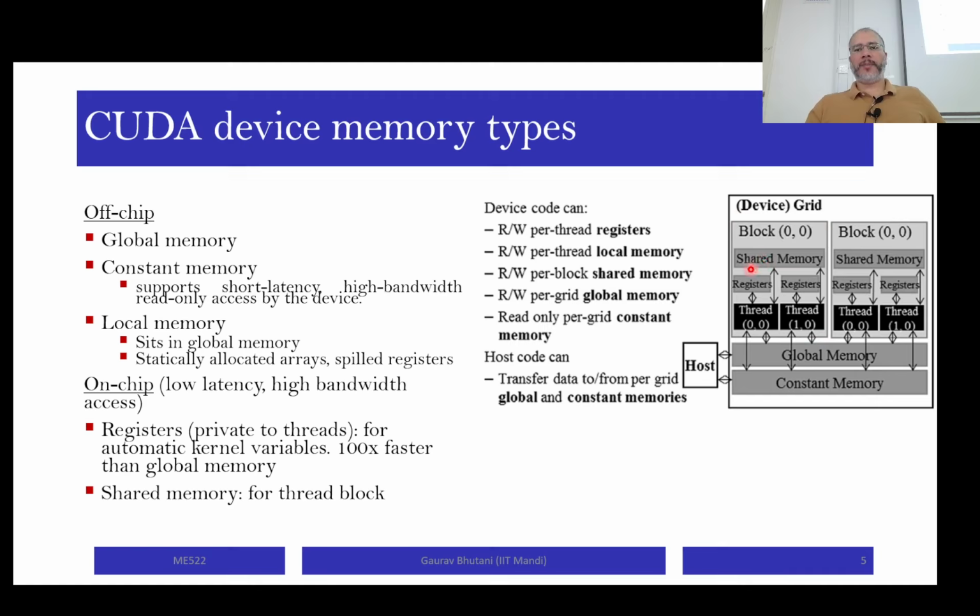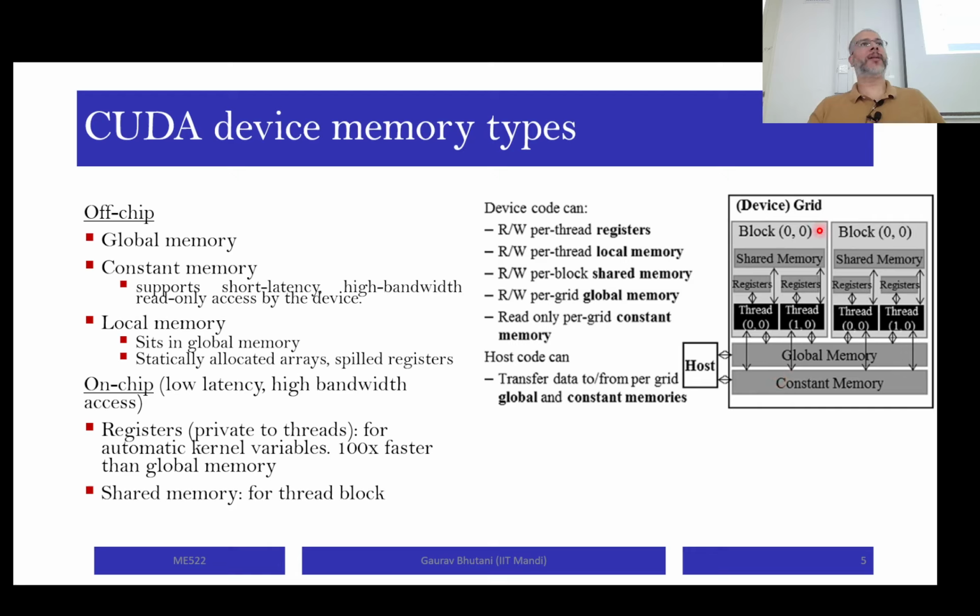Rather, let us talk in terms of blocks, because streaming multiprocessors are a different idea. The memory which is farthest away is your global memory and constant memory. We will talk about what they mean, but let us first talk about what they are. These are the memories furthest away from your compute cores.